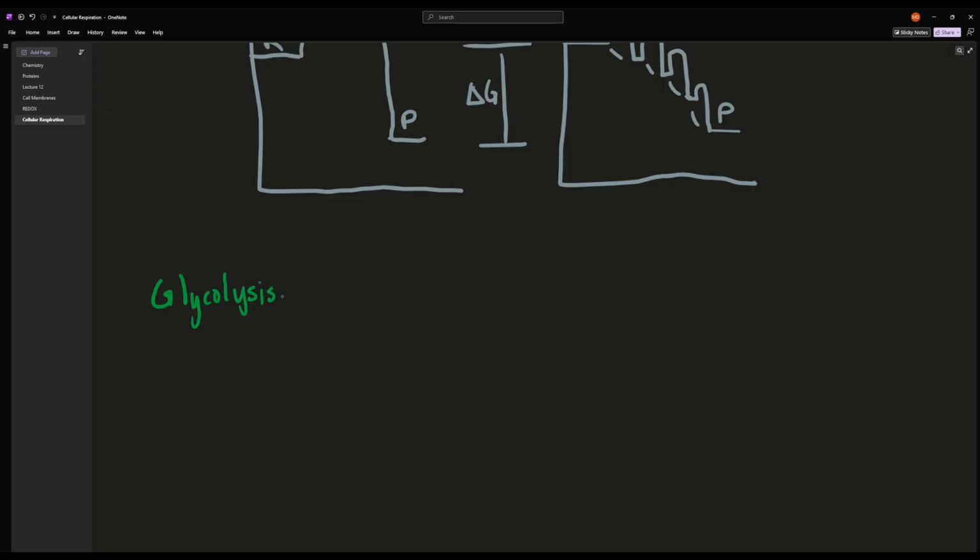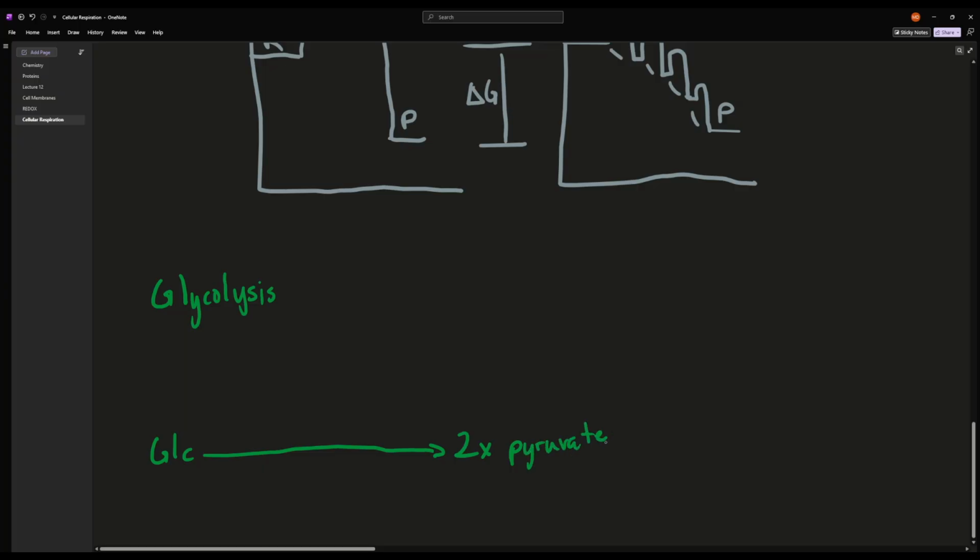glycolysis. Okay, glycolysis is going to take in glucose and convert it to 2 pyruvate molecules. How this is going to happen is we're going to take 2 ATP and convert it to 2 ADP.